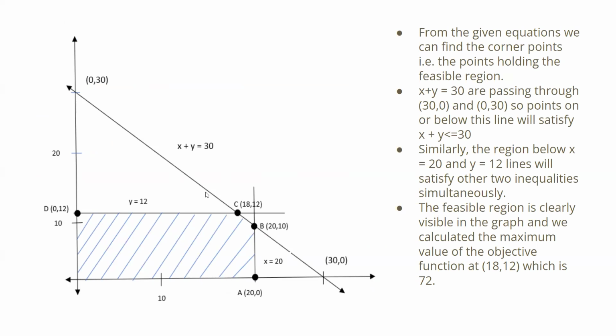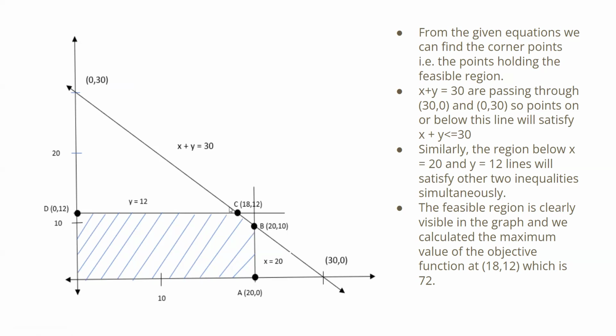No. You have to consider all three lines, all three constraints equally, and find the common area of solution lying under this area. This is a pentagonal shape. So these are the corner points.